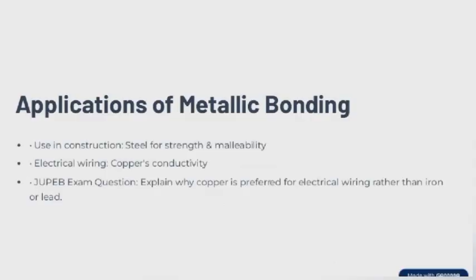Okay. Moving on, let's move on to the applications of metallic bonding. It is used in construction, which is just everything we've been talking about. They use it in preparing metals that are used as sheets.